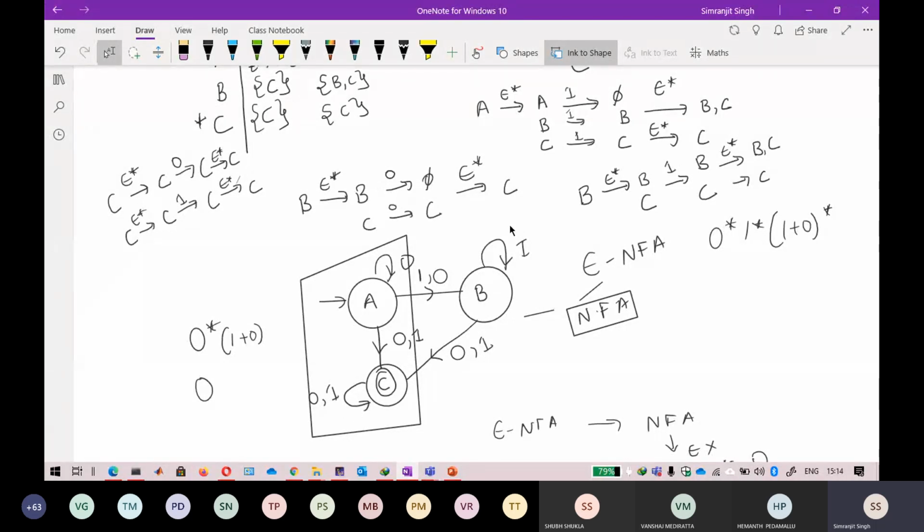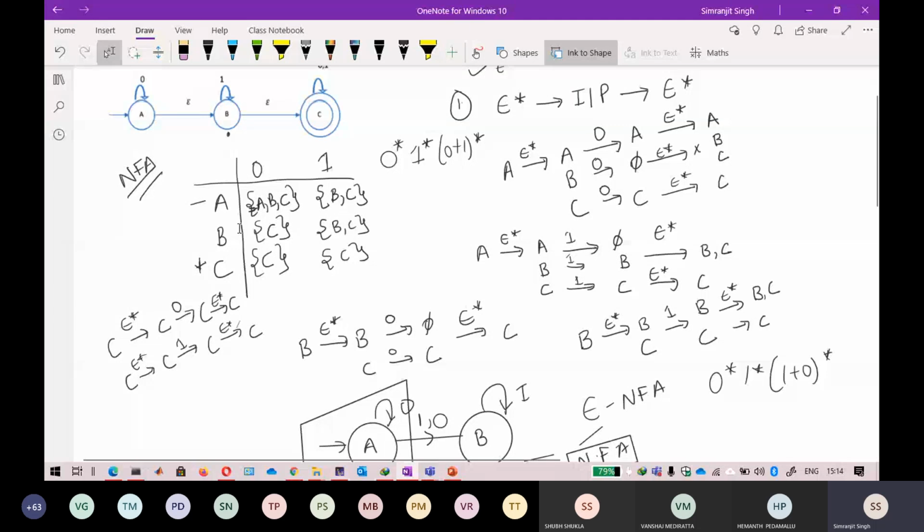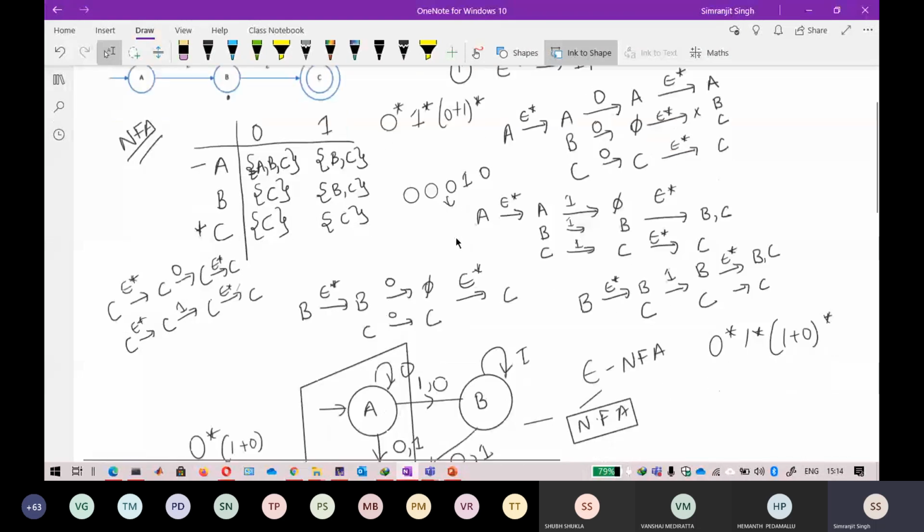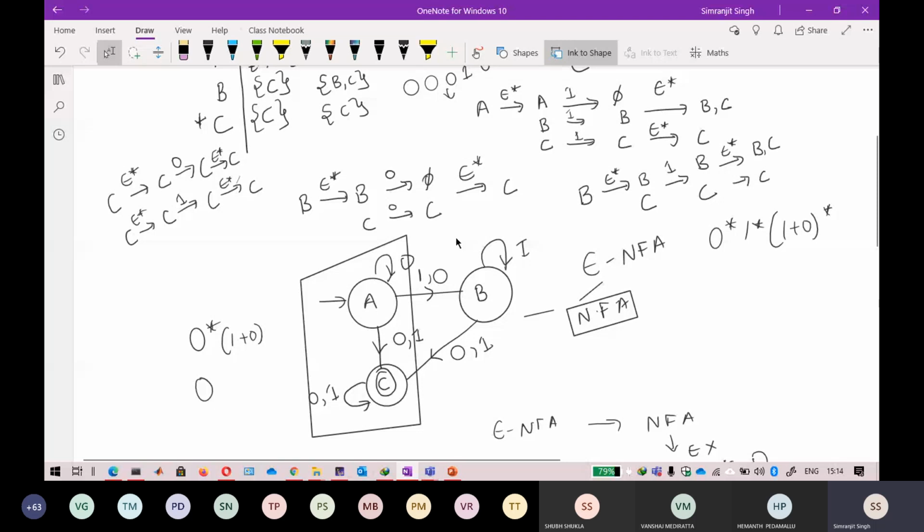In the same way, this part can be a different part. But if you just put the language that is accepted before, like 0 0 0 followed by 1 and 0 is in the language. If you check, this is also a part of this language. Okay, so what is this? 0 0 0 1 0.